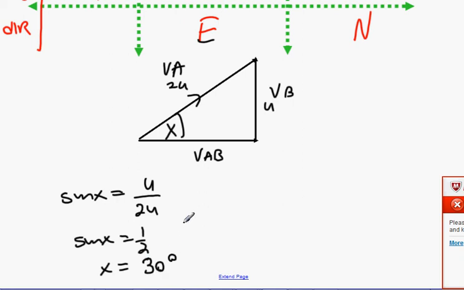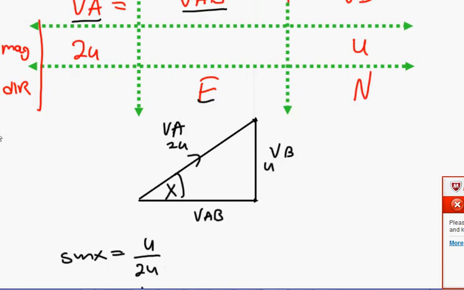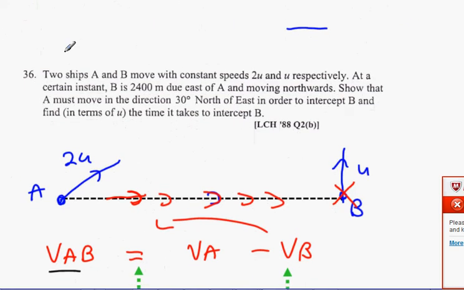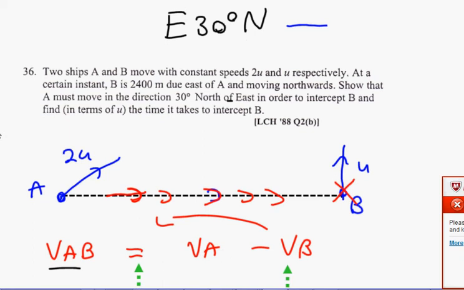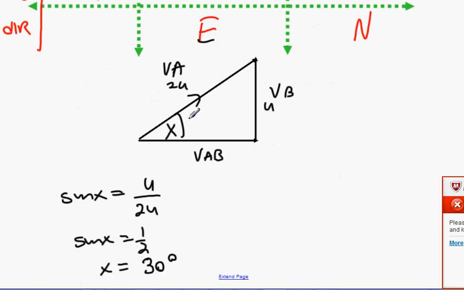The whole point of the question was to prove that it must move in the direction 30 degrees north of east, or east 30 degrees north. It's the same thing as 30 degrees north of east. Have we proven that? The velocity of A is going in the direction east 30 degrees north. We have proven that.